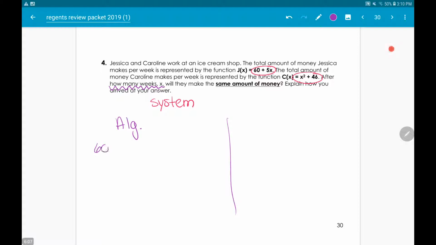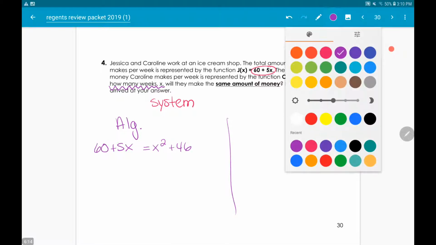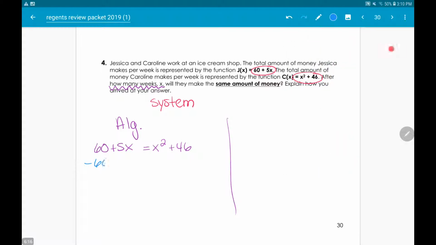I have to set them equal to each other. And then get them equal to 0. Okay, and I'm going to rewrite that so that it's in order.